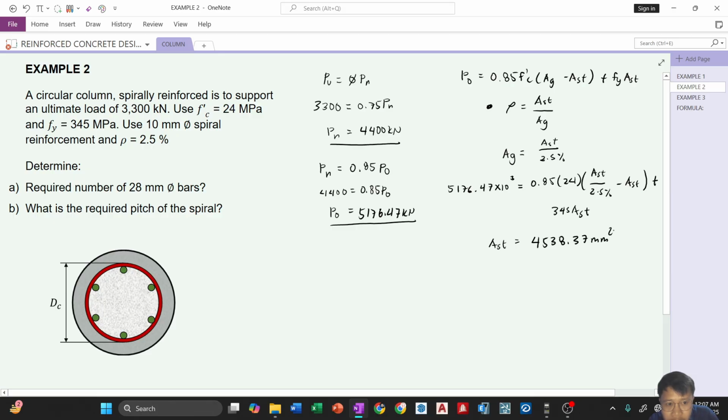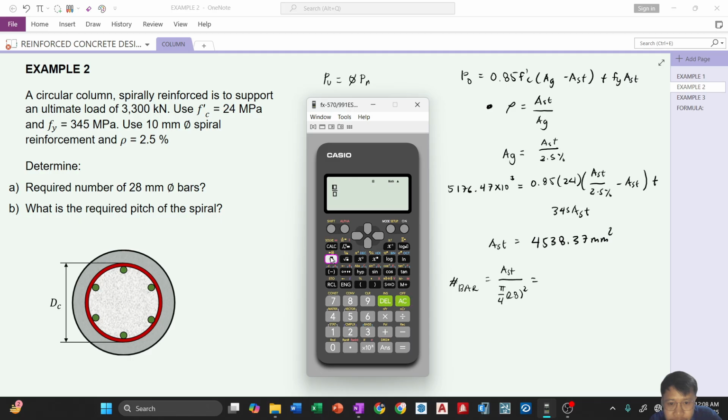4538.37 mm square. Okay? Now we can solve for the number of bars. Number of bars is equal to area of the steel divided by pi over 4, 28 square. Okay? So this is now equal to, okay, the solved area equal to pi over 4, 28 square.